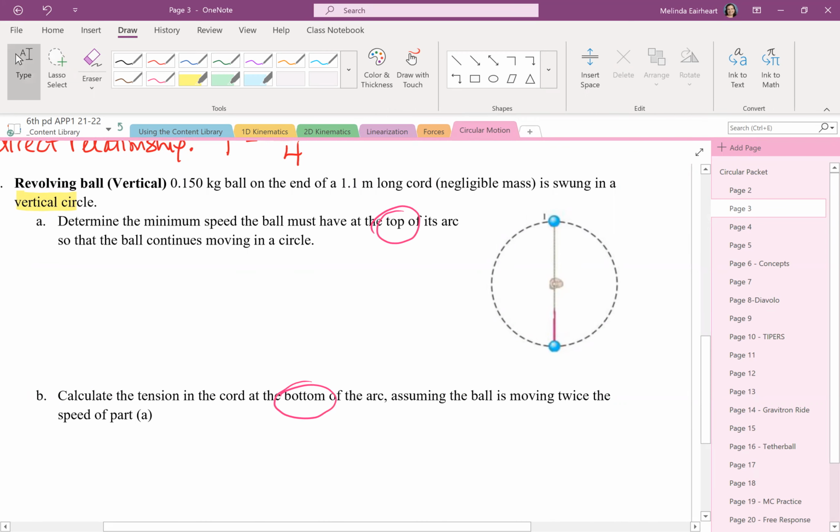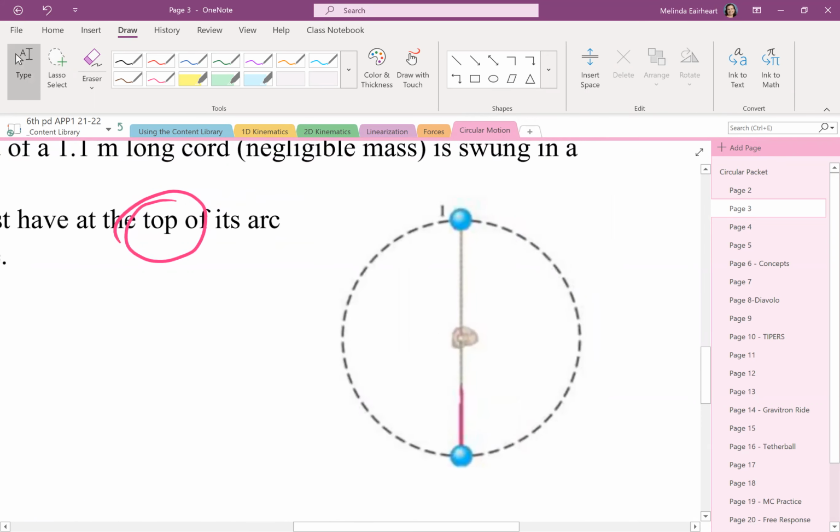And so I'm going to zoom in there. Paper people, I don't know if you want to put it on the side there. It may not all squeeze in nicely. I'm going to zoom in. So at the top, what forces are acting on our ball? Gravity and tension. So gravity, if you haven't noticed, is always down, right?